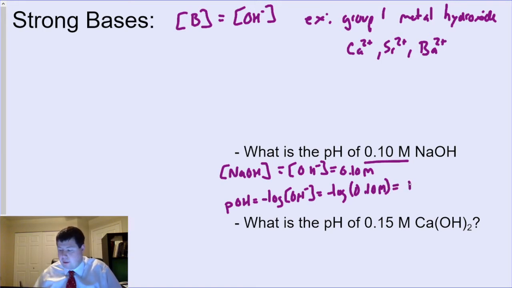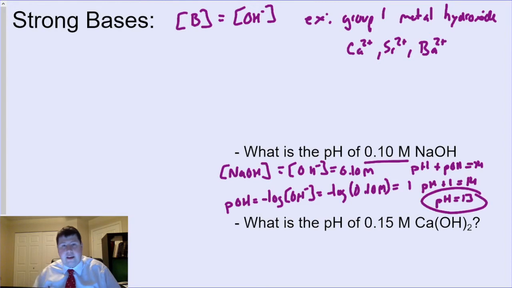From there, I know that my pOH is related to pH using the equation pH plus pOH equals 14. Plugging in my pOH as being 1, pH plus 1 equals 14, therefore pH equals 13. And this makes sense. I have a high base concentration, or a low pOH, because I have a high base concentration. A strong base should produce a fairly alkaline pH.